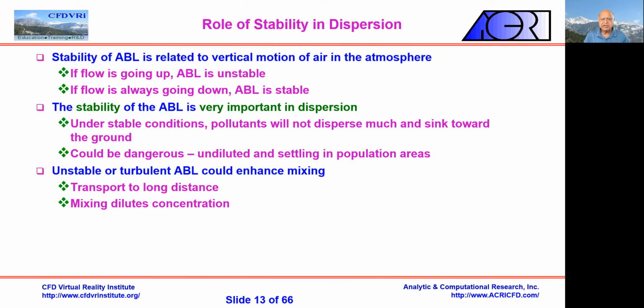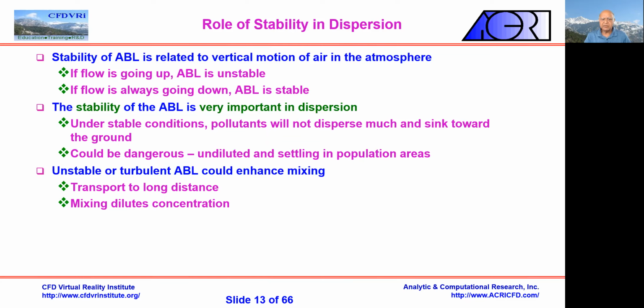So what's the role of stability? What's the role of the ABL, the atmospheric boundary layer? It's related, as I said, to the vertical motion, because here you have cold air on the top, which sinks, and warm air at the bottom that rises, okay? So when the flow is coming down, it's stable.